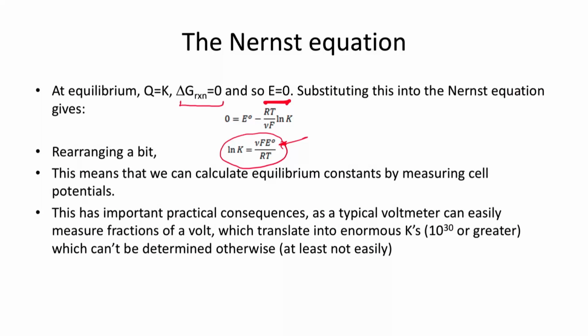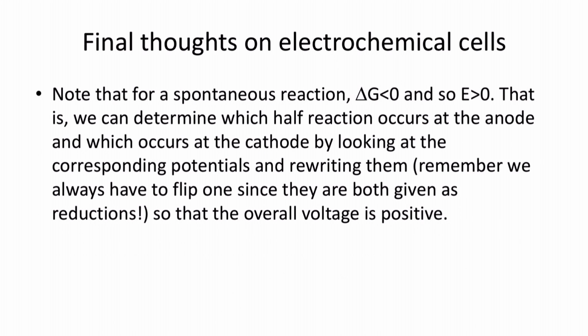But I can measure them pretty easily by just looking at voltages because I can buy a voltmeter which can pretty easily measure fractions of a volt, which can translate to super big values for K because of this relationship here.